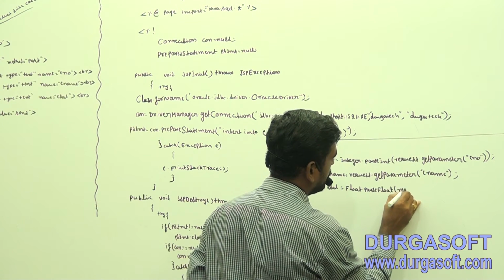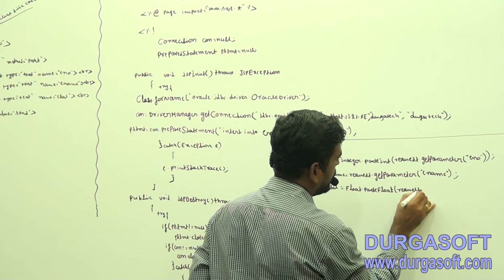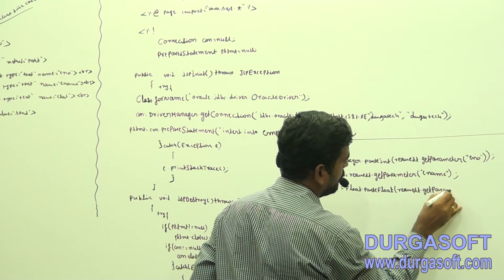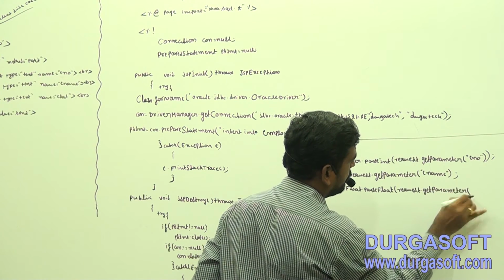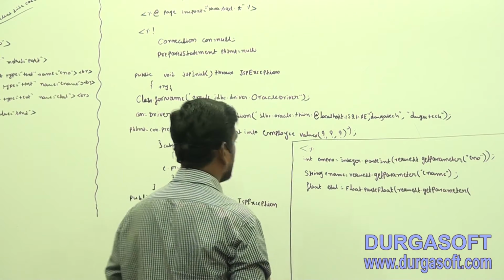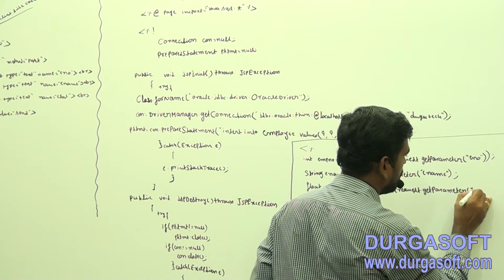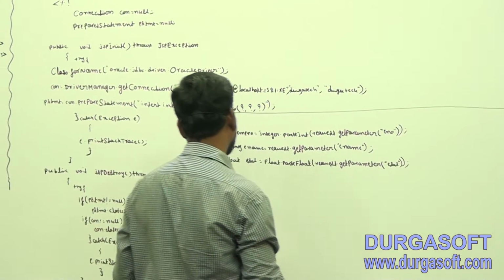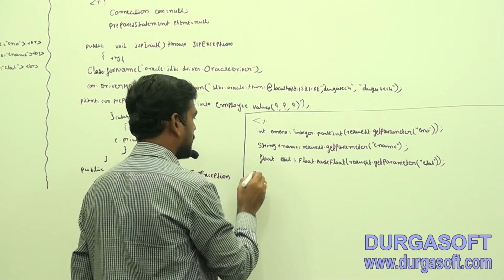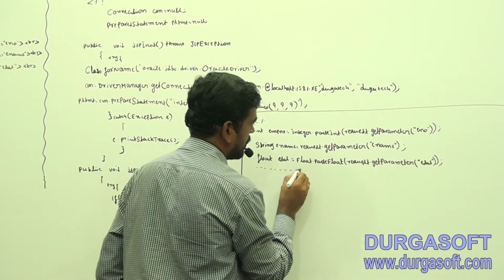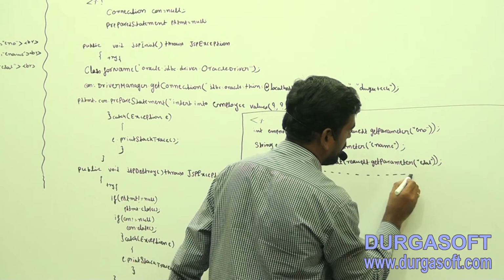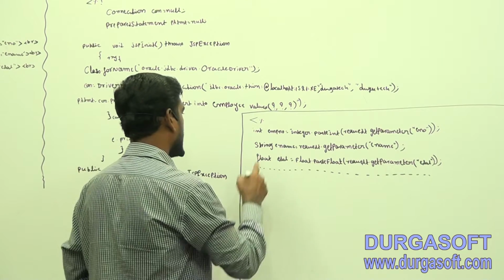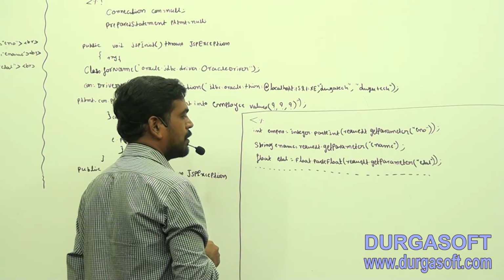Under that, request dot getParameter of, so now the name esal. Then next, after that, like that we can take any number of fields. We can write any number of fields like that. How many input values are there, that many input values we are going to get here.